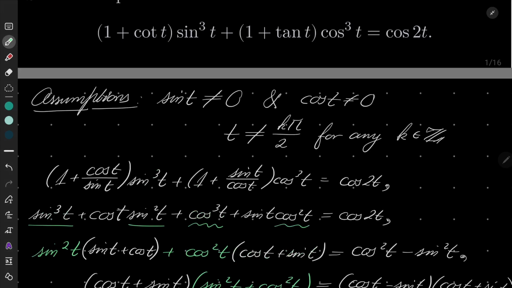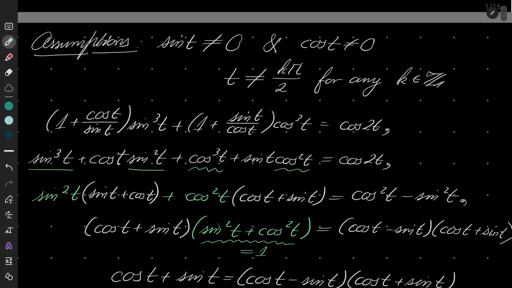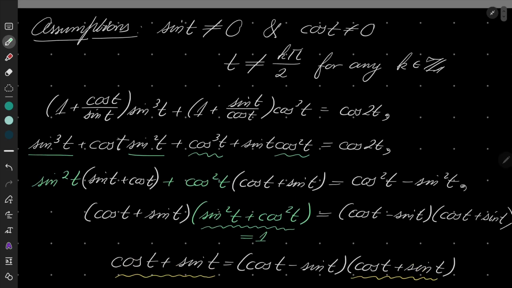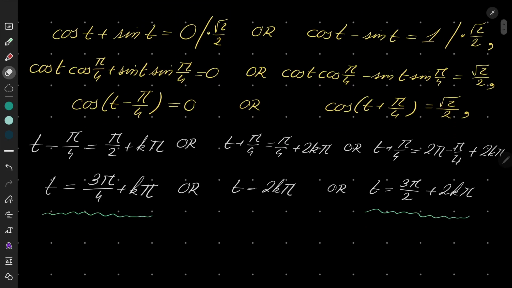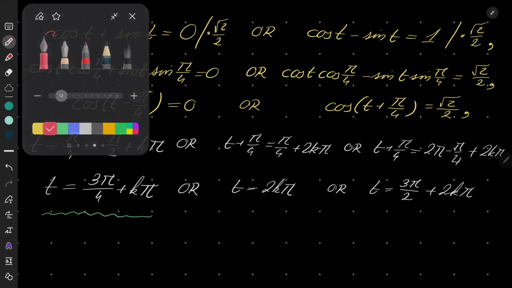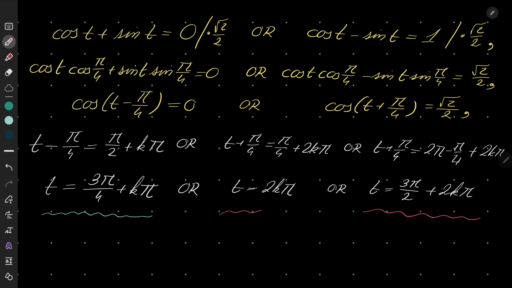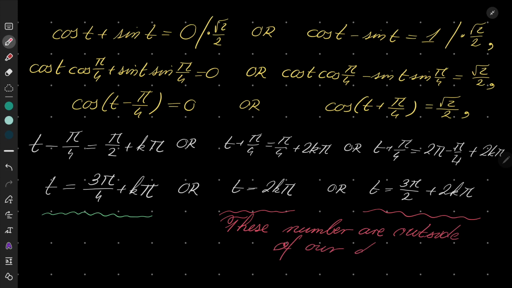That means we cannot have any number of the form 3π/2. So this number does not work, and this number also doesn't work. These numbers are outside of our domain.